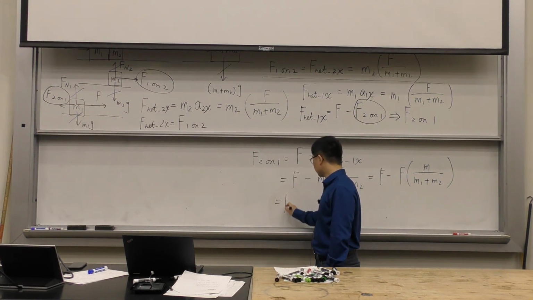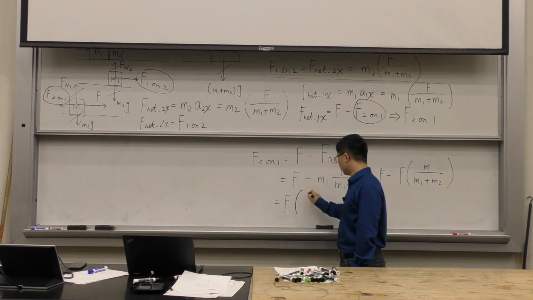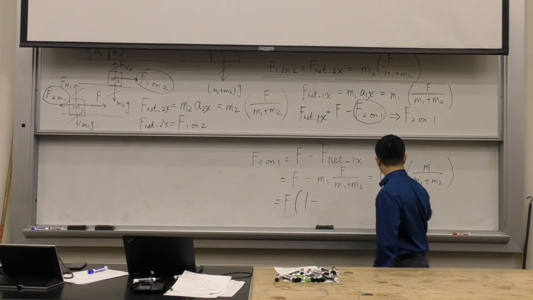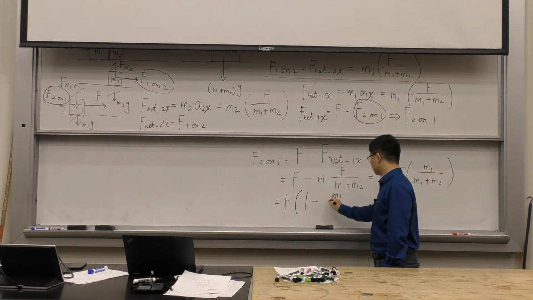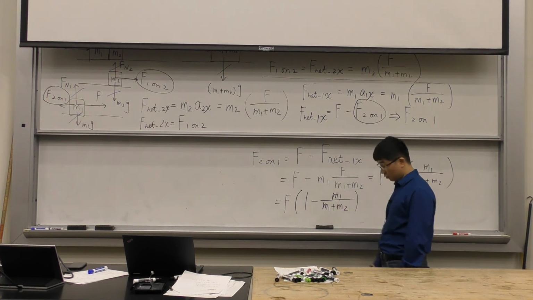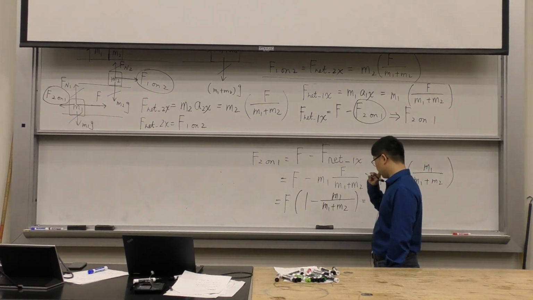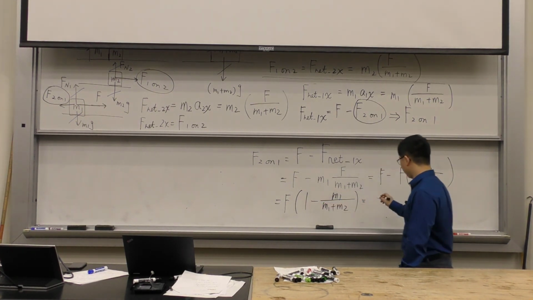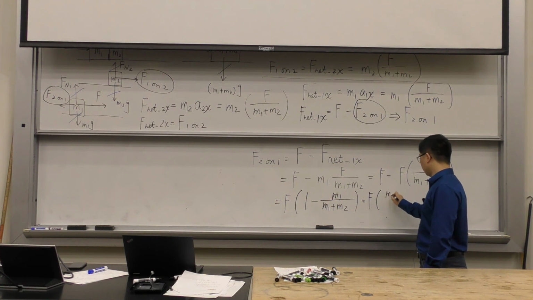So what do I get? I get 1 minus m1 over m1 plus m2. I can also make this simpler by writing this 1 as m1 plus m2 divided by m1 plus m2.